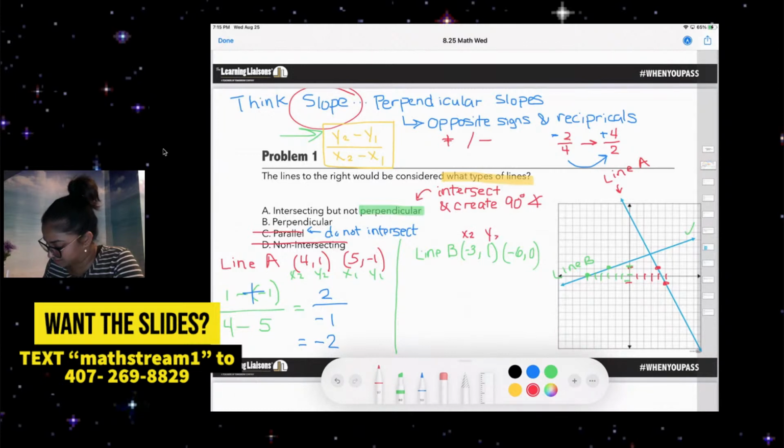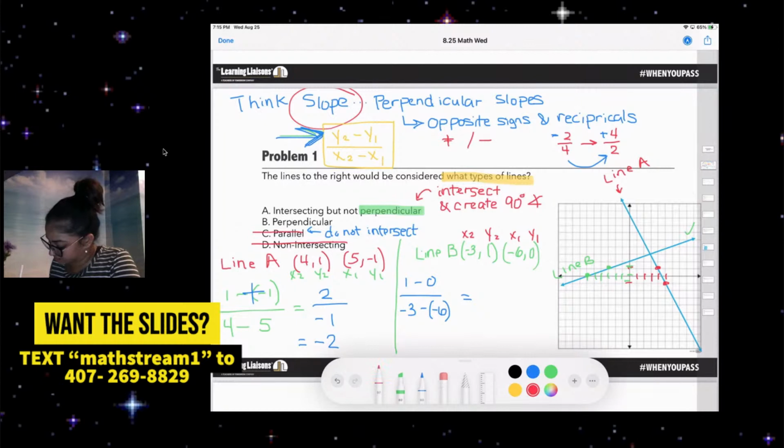x2, y2, x1, y1. Right? We're almost there. I know this is a lot of work, but we're almost at the answer, okay? So let's plug them back in. We start with y2, because remember we're using the formula up here. y2 is 1 minus y1, which is 0, all over x2, which is negative 3, minus x1, which is negative 6.